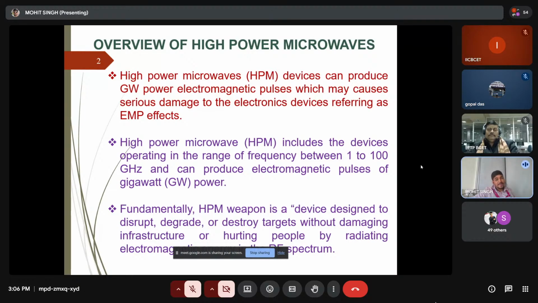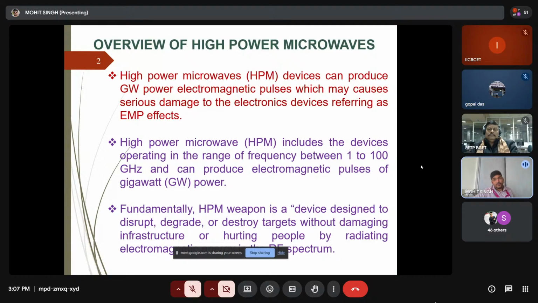They can destroy the other side's electronic infrastructure instead. In that way, we can generate HPM for destroying the target without damaging the infrastructure or hurting the people. This is achieved by radiating a power of more than 1 gigawatt.